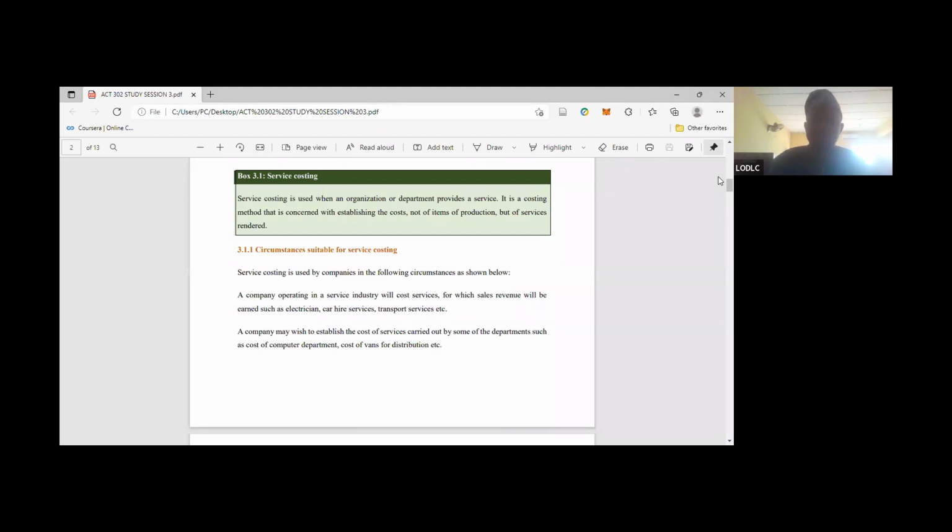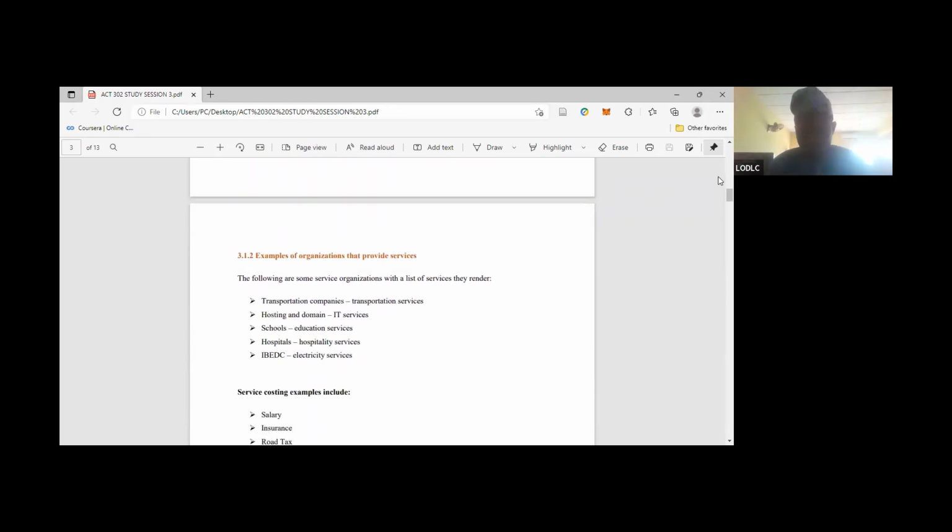But a company operating in the service industry will cost services for which sales revenue will be earned, such as electricians, car hire services, transport services, etc. Two, a company may wish to establish the cost of services carried out by some of its departments, such as the cost of the computer department, cost of fans for distribution, etc.